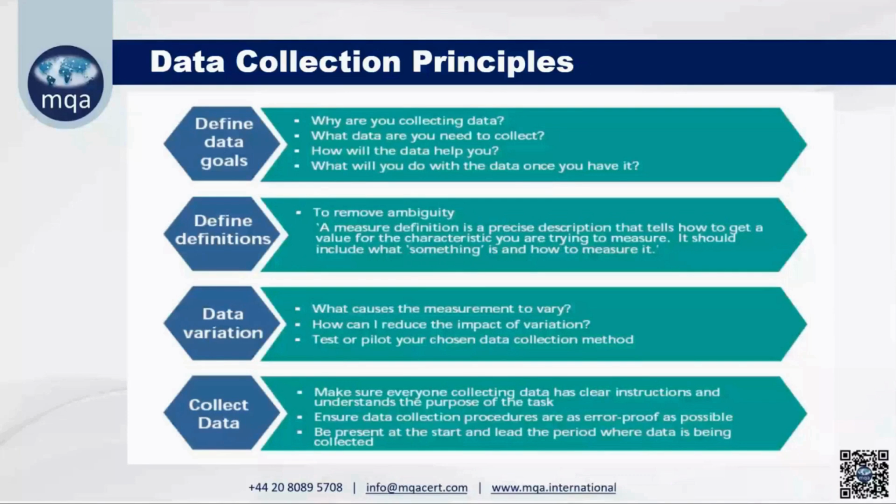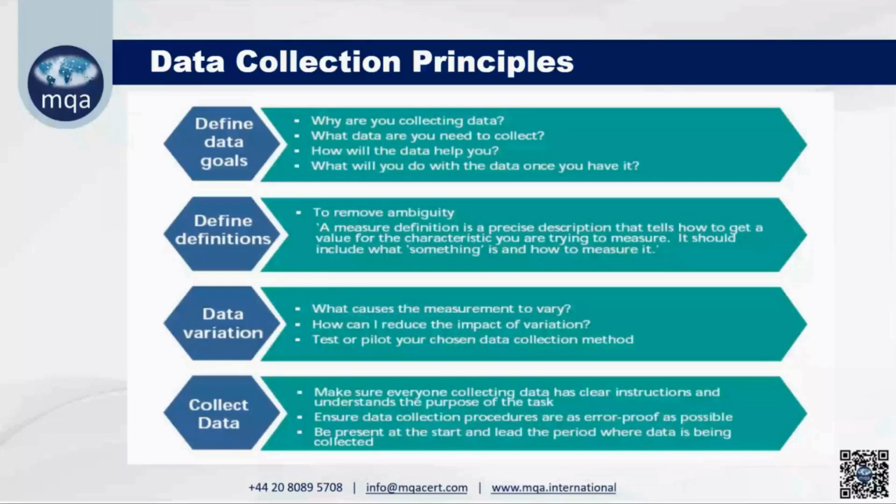Third, what will you do with the data once you have it, because it determines the importance of the data. Then how will the data help you? Unless I know these parameters, we cannot give importance to the data collection.